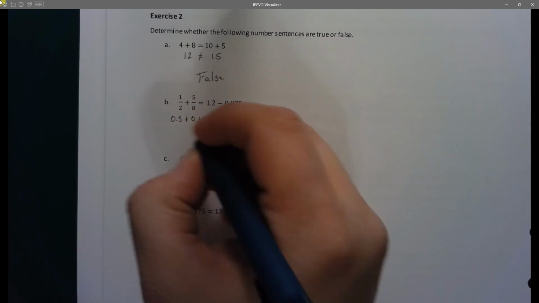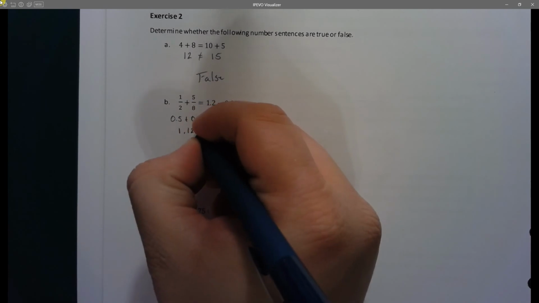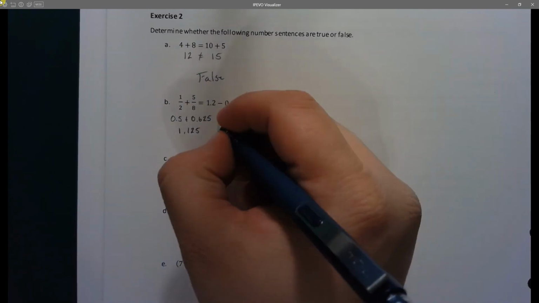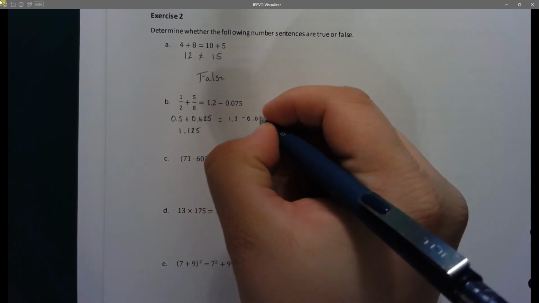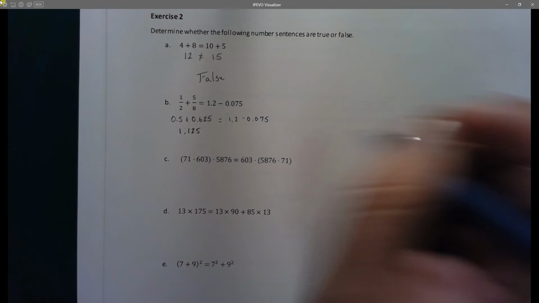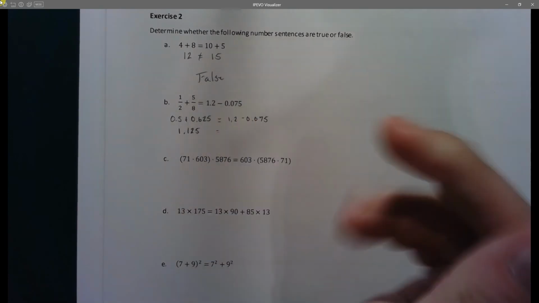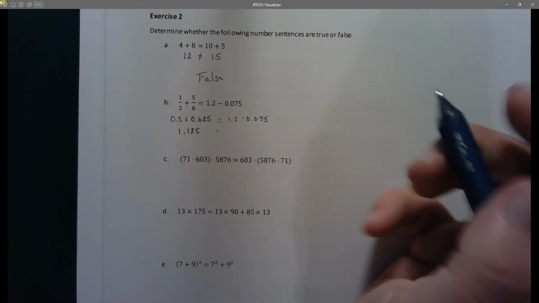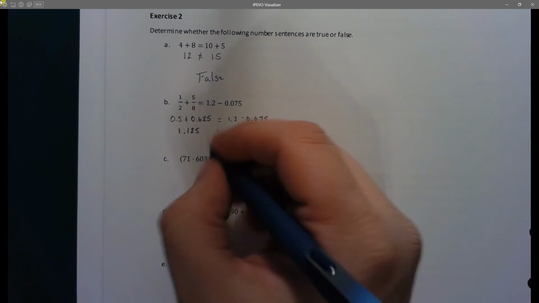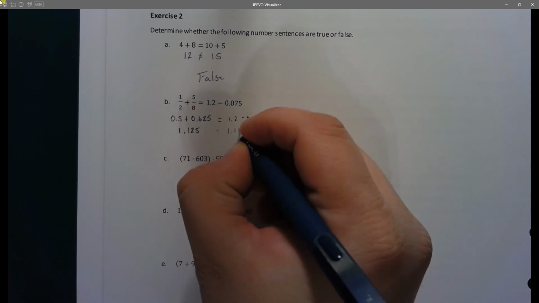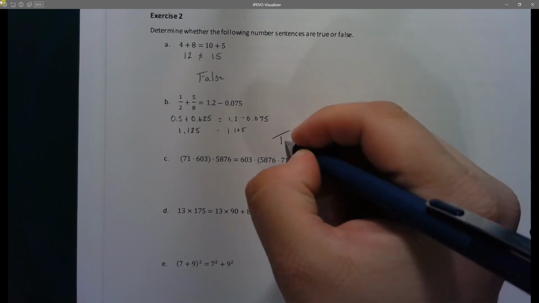Together, they give me a value of 1.125. That's supposed to equal 1.2 minus 0.075. 1 and 2/10 minus 75 thousandths does equal 1 and 125 thousandths.